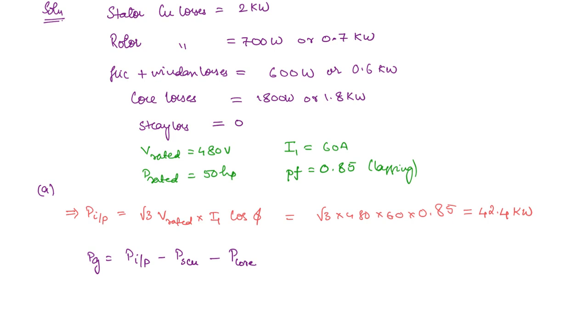Because remember, rotor core losses we are ignoring, only the stator core losses. So this is equal to 42.4 minus 2 kilowatt minus 1.8 kilowatt, which you are going to get 38.6 kilowatt. Okay. So this is the air gap power.